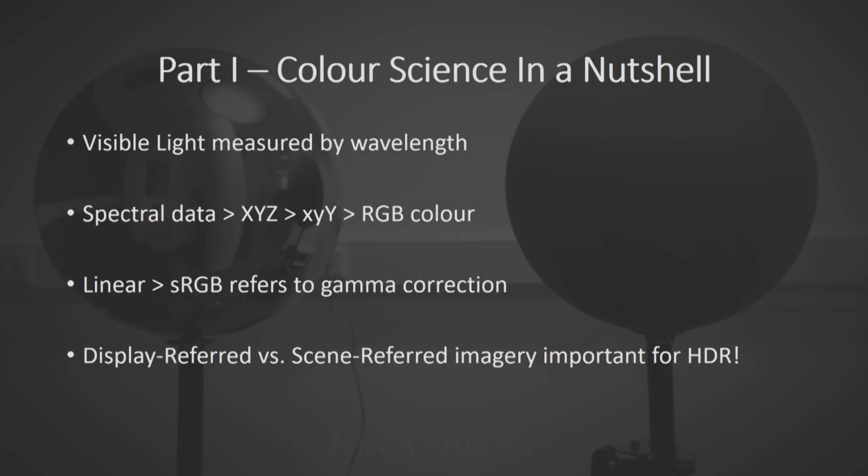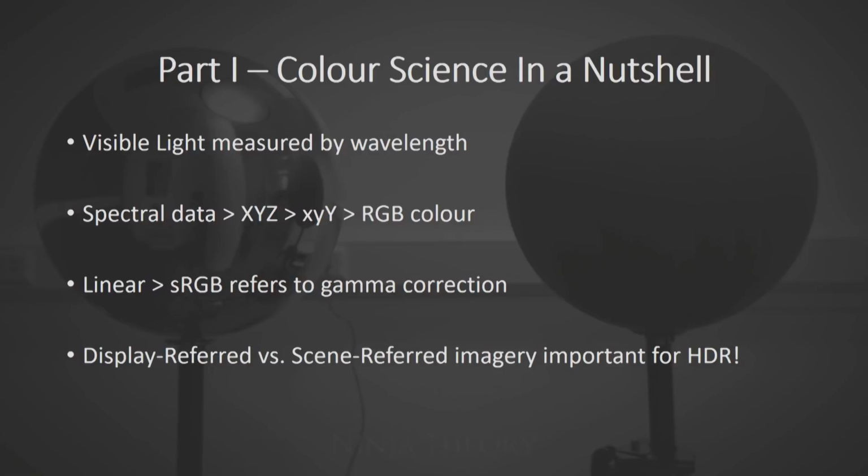Okay, so I appreciate that was quite a long topic. That was color science in a nutshell, and that's all the stuff that I think is really important for us as artists to be familiar with. So just to recap, the idea of visible light, remember it's measured by its wavelength. We go from the spectral data to 3 values, X, Y, and Z, and then we plot that into the spectral locus.